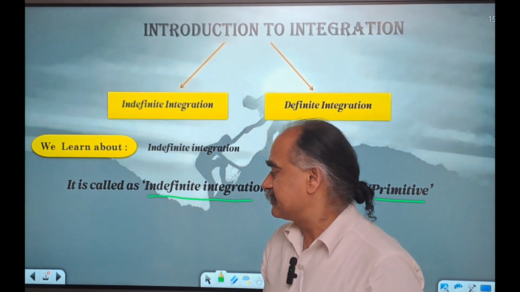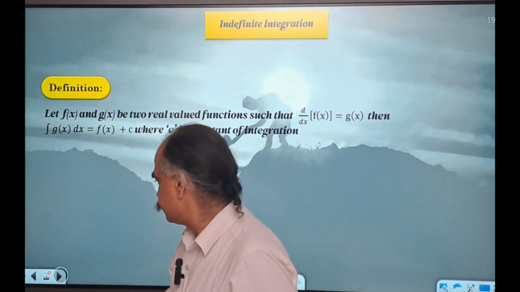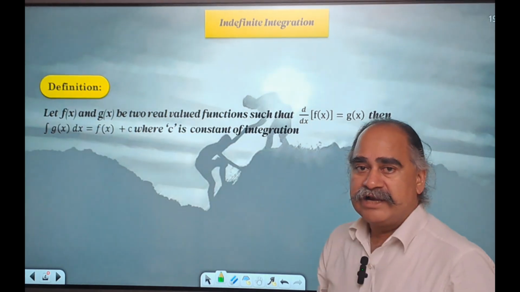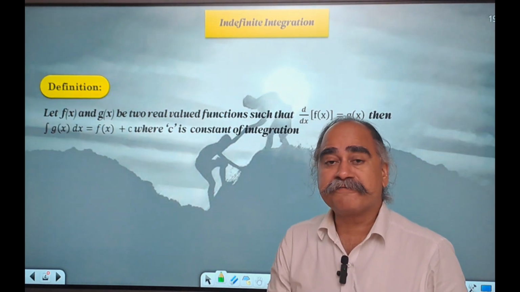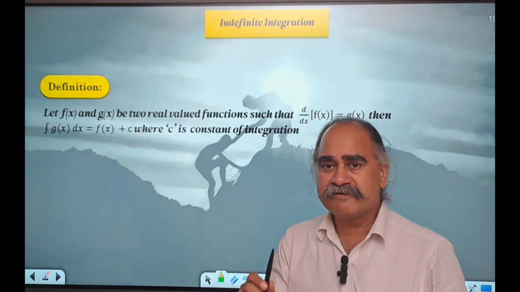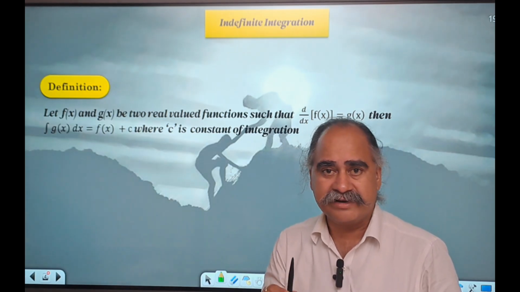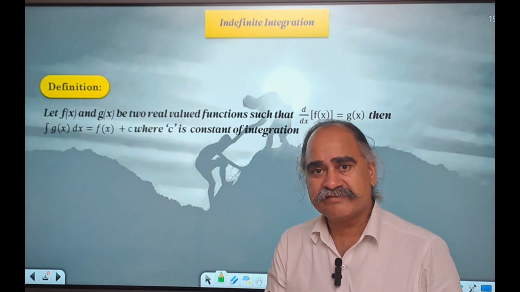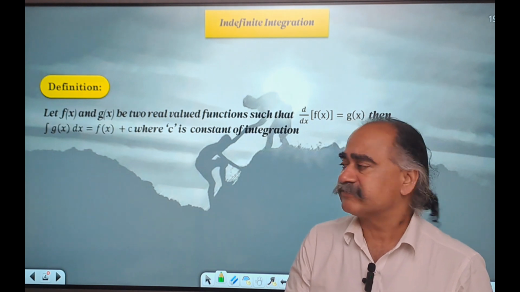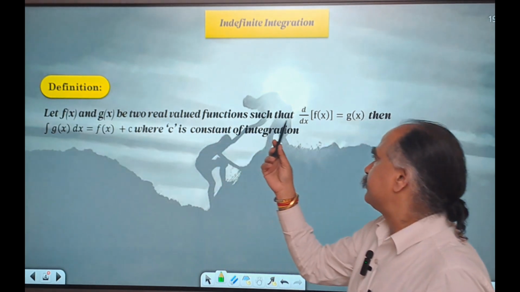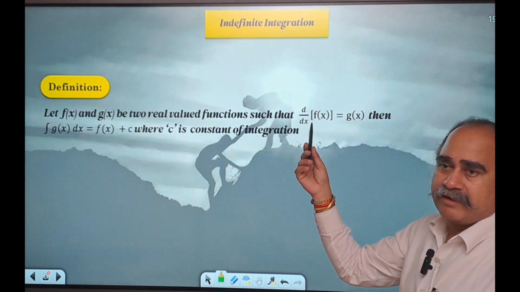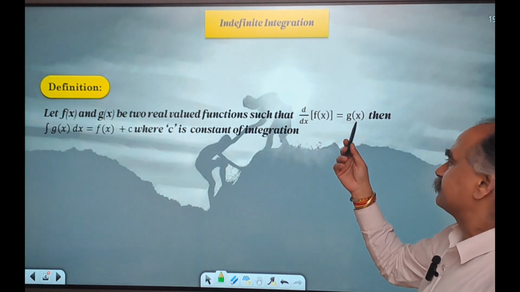What is indefinite integration? Let f(x) and g(x) be two real valued functions. Real valued functions means domain and codomain are either both real numbers or they are subsets of real numbers, such that derivative of f(x) is g(x).